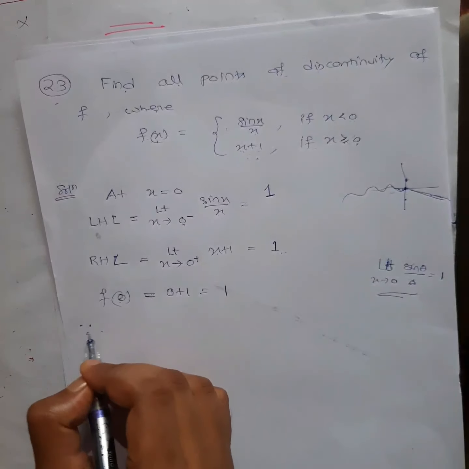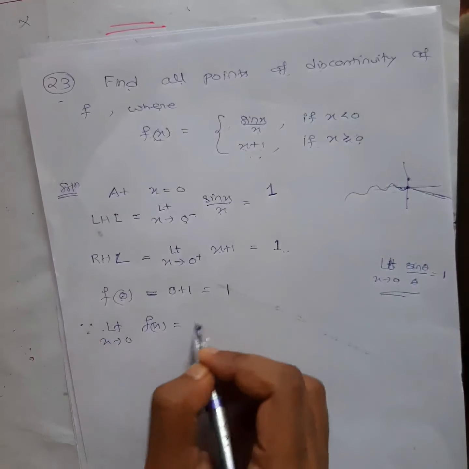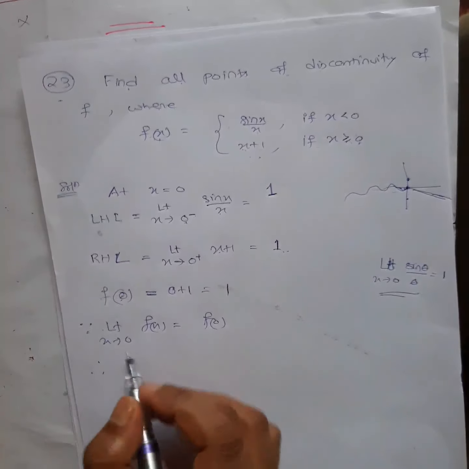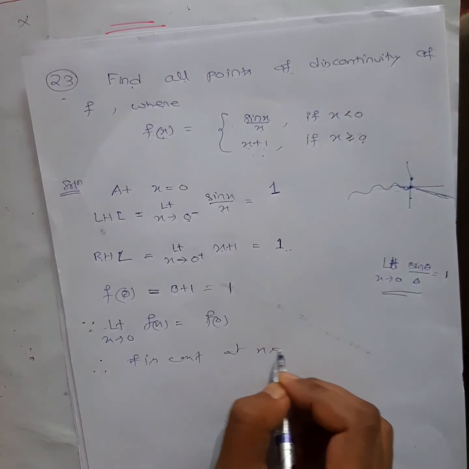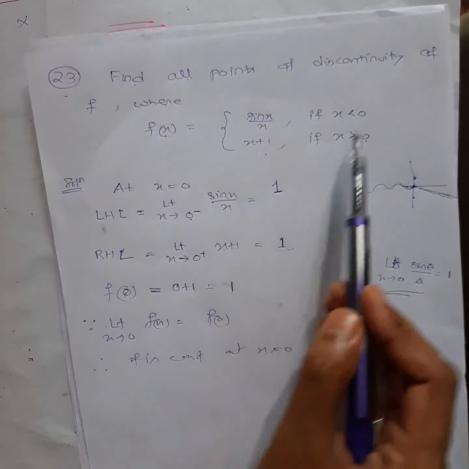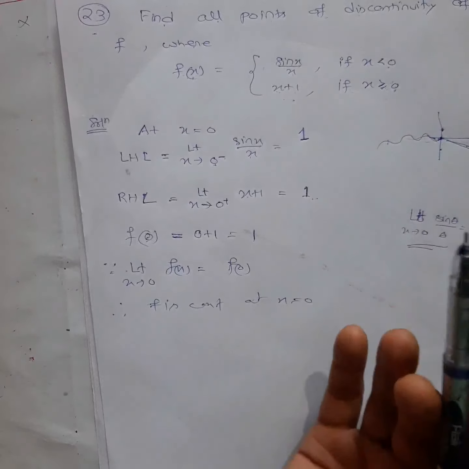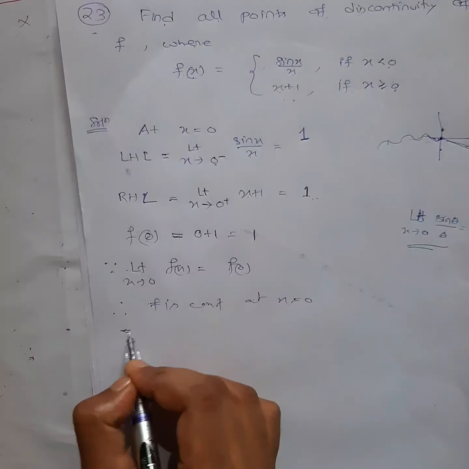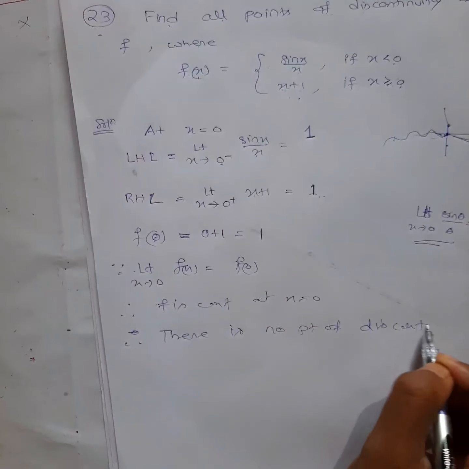Since limit x tends to 0 of f(x) is equal to f of 0, therefore f is continuous at x equal to 0. If it is continuous at 0, the graph will not break at 0 also. So where will the graph break? Nowhere. Therefore there is no point of discontinuity, meaning the graph will not break at all.